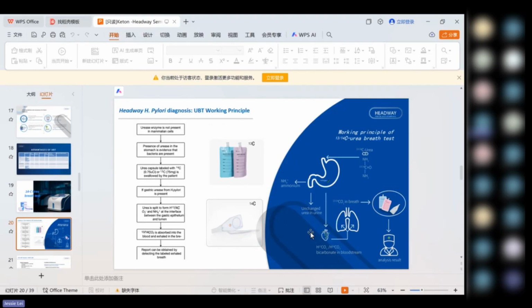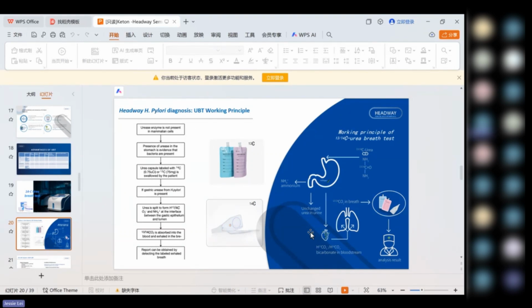If the gastric urease from H. pylori is present in our stomach, the urea will react with the urease enzyme and split into ammonia and carbon dioxide labeled with carbon-14 or carbon-13 at the interface between the gastric epithelium and the lumen. The labeled carbon dioxide is absorbed into the blood and exhaled in the breath.